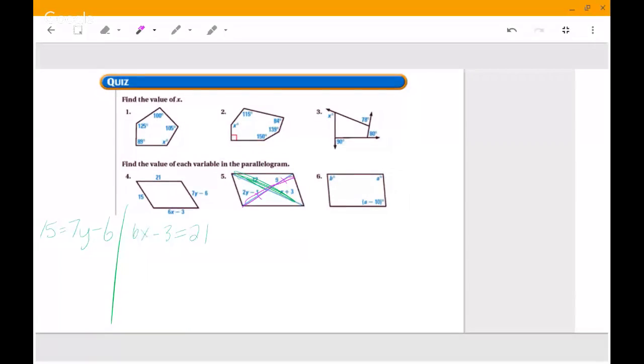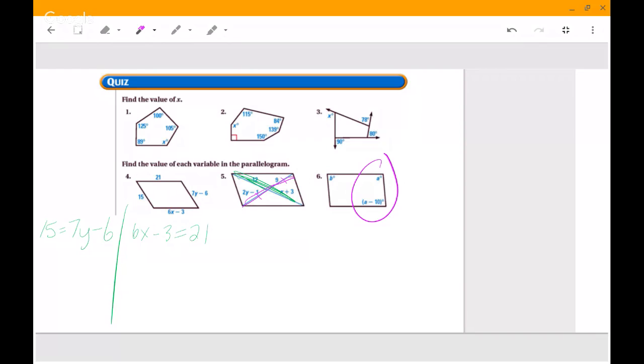Yeah. Use these two together first. How are those two angles related? How are those two angles related to each other? What do you know about their measurement? Consecutive interior angles. Mm-hmm. So, what does that mean as far as their measurements go?